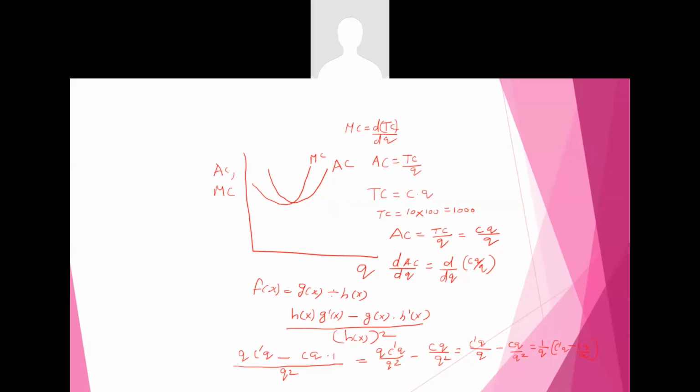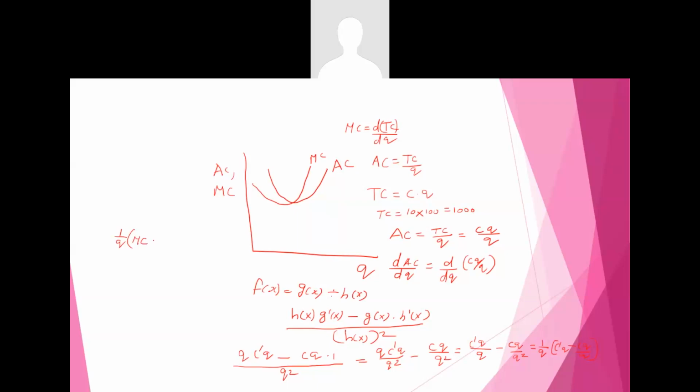So we are taking 1 by q out of the brackets, and what remains is 1 by q into c dash q minus cq by q.